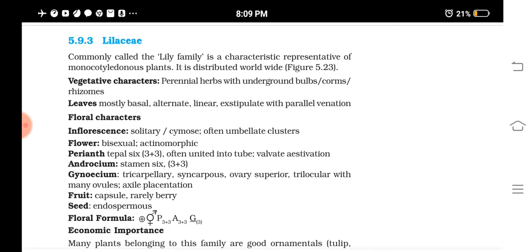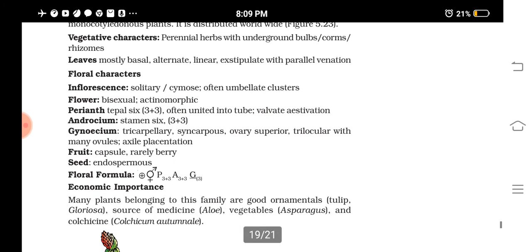Okay, then floral characters, if you take, they are inflorescence. Okay, solitary means what? There won't be any inflorescence, single flowers might be forming, or if inflorescence is there, that will be cymose. Okay, and a kind of cymose is what?